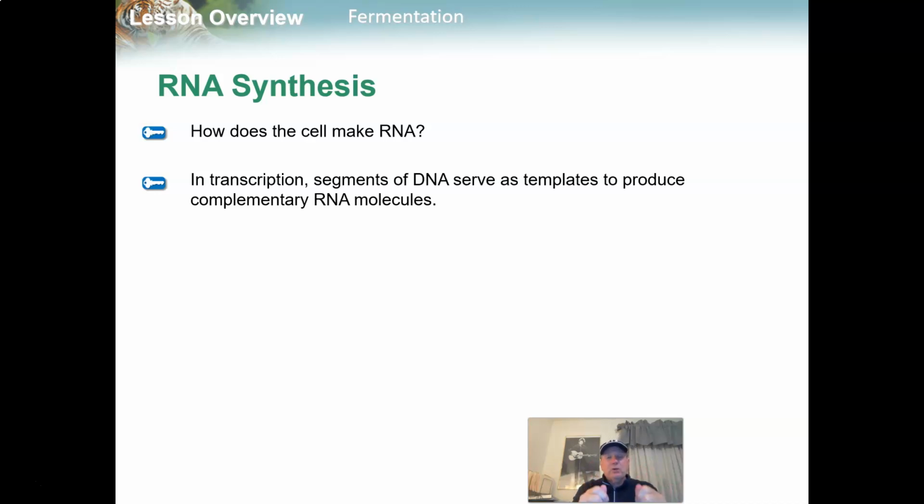Transcription, where the messenger RNA gets made inside the nucleus from the DNA, and translation, where the messenger RNA goes out to the ribosome and creates proteins. So keep those two terms in mind, transcription and translation. Transcription takes place inside the nucleus and makes RNA from DNA, and translation is where the RNA makes proteins.